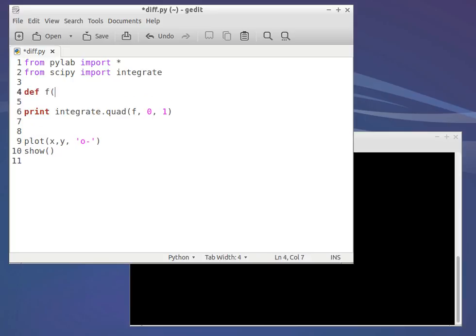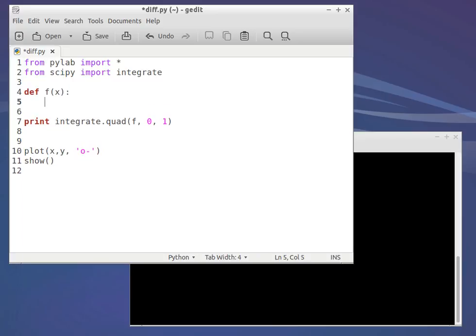Say f of x, like you know how to write a Python function, right? So what is it supposed to return? Square root of 1 minus x square, right? That's all it should return. And no more graph, anything.